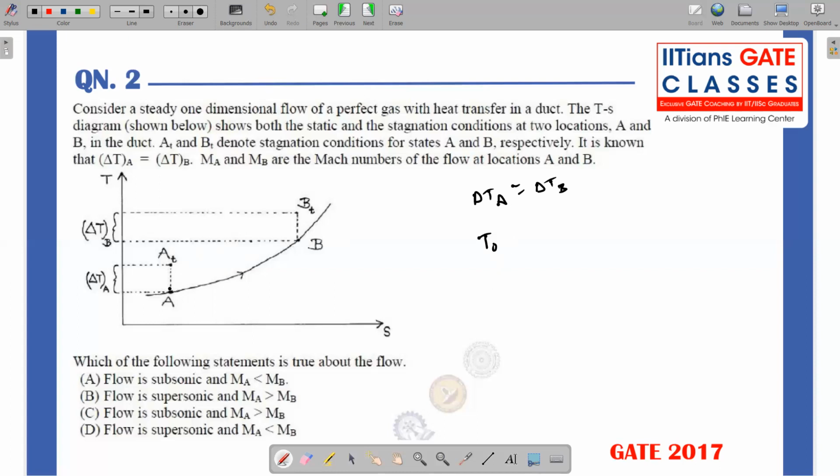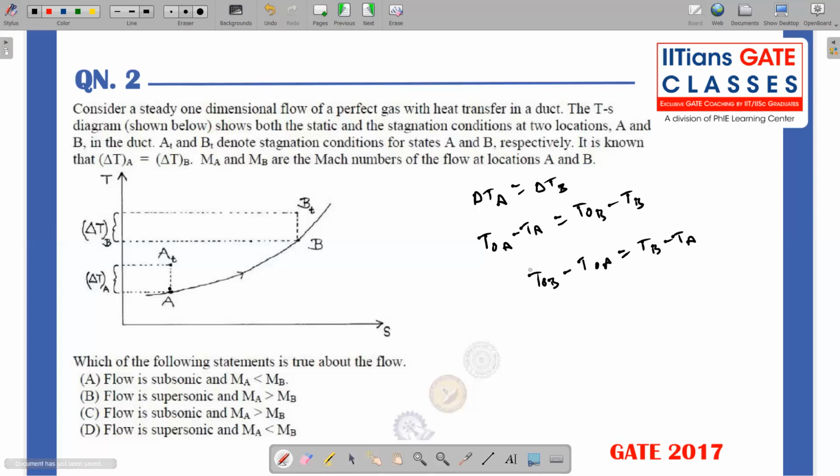This is nothing but T naught A minus TA, which is equal to T naught B minus TB, right? So now what I can write is T naught B minus T naught A is equal to TB minus TA. So I can write in this way from the given information.